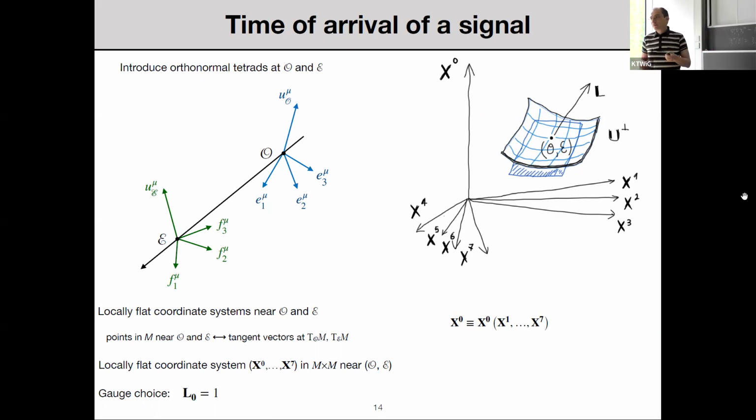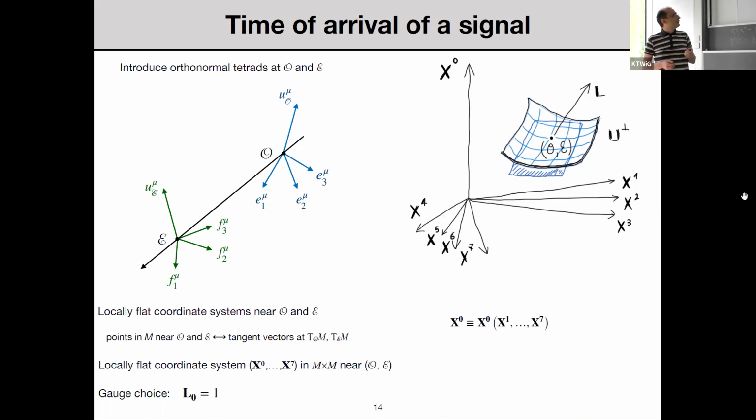What do you mean by locally flat coordinate system? It can be, for example, Riemann's normal coordinate system. Because this is just a coordinate system which comes from the tangent space. Yeah. At one point, but why do you call this coordinate system locally flat? Because the gammas, the Christoffel symbols vanish at these two points, and that's all. Okay, it's not locally flat.